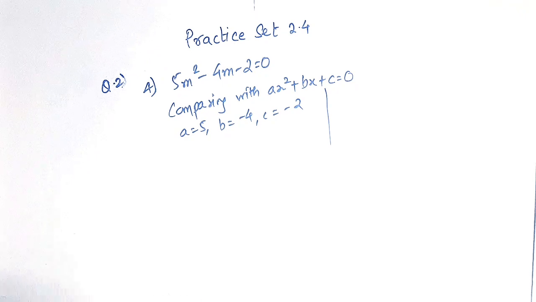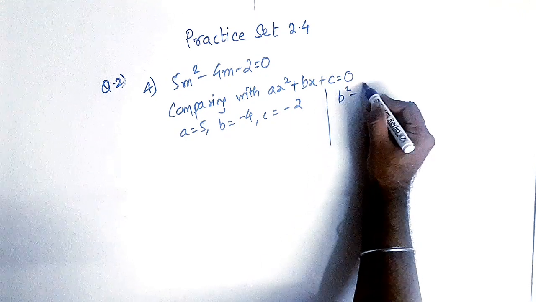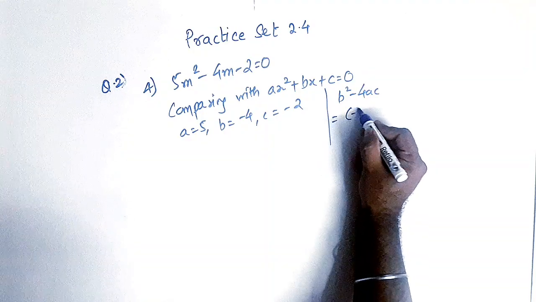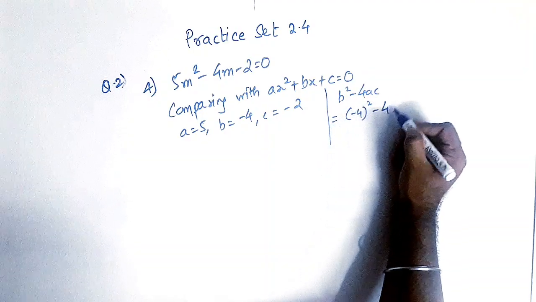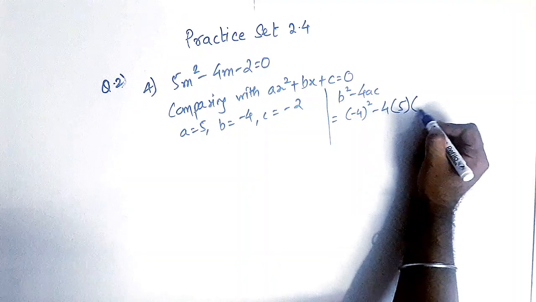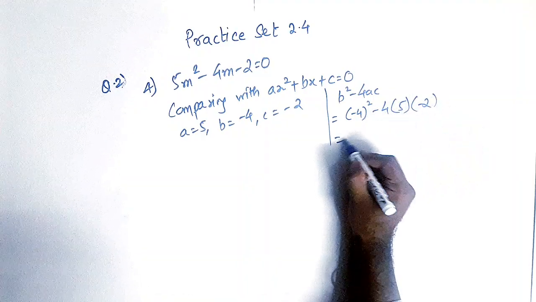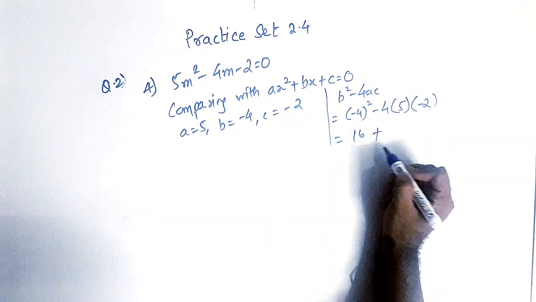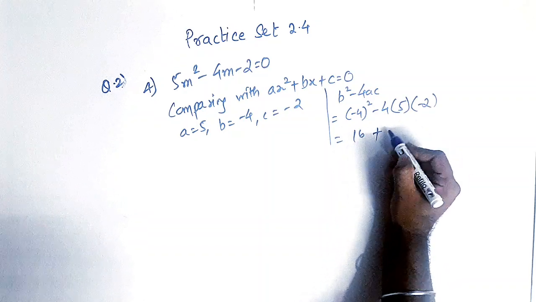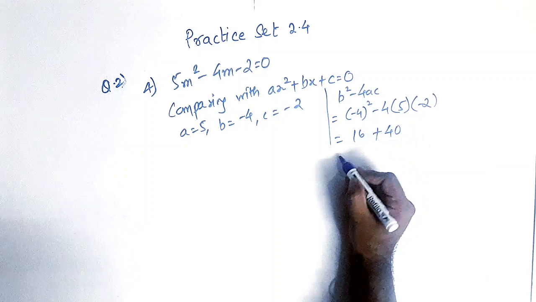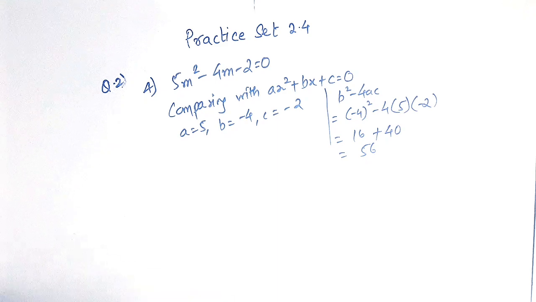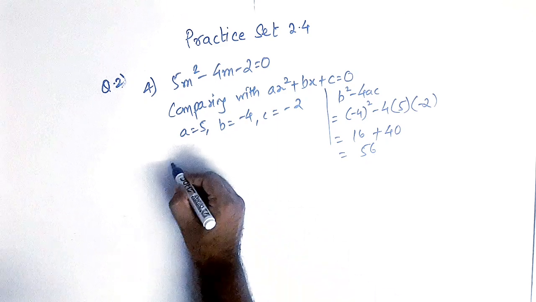Now b square minus 4ac equals to minus 4 square minus 4 into a is 5 and c is minus 2. So this becomes 16, minus minus becomes plus, 4 5s are 20, 2s are 40. What is 40 plus 16? It is 56.